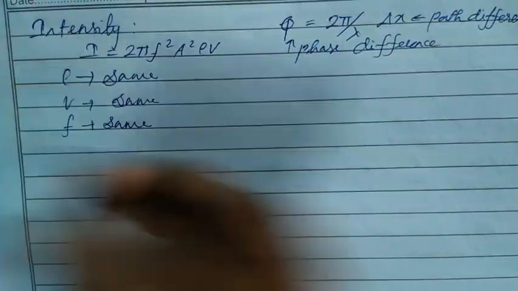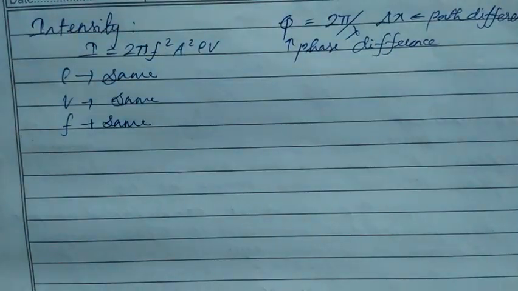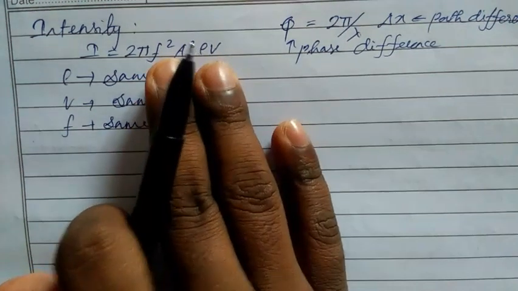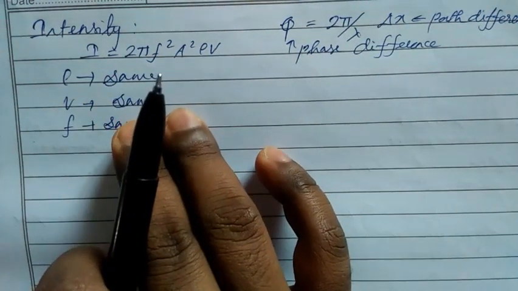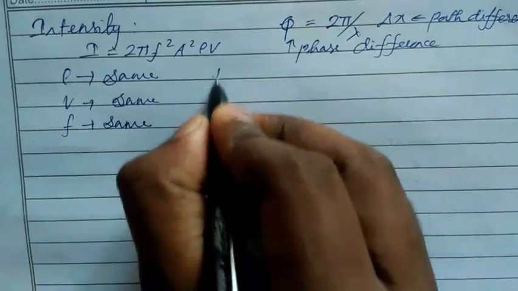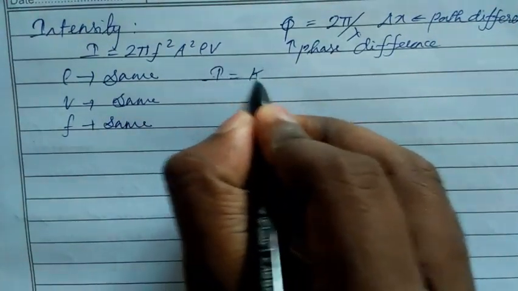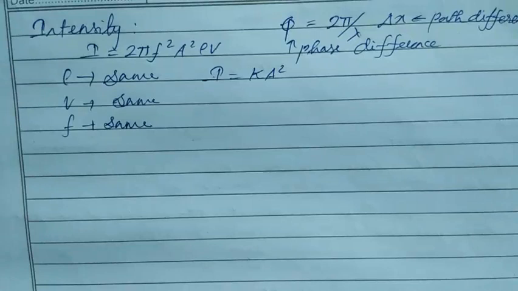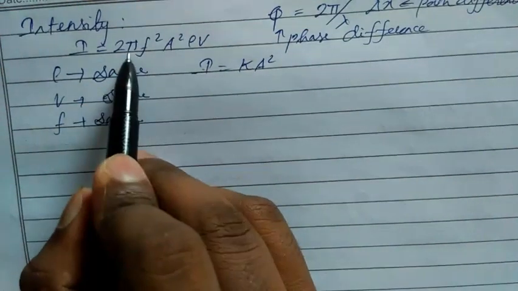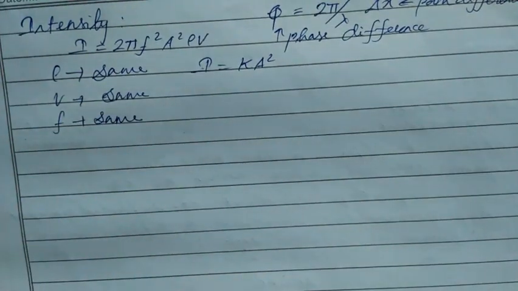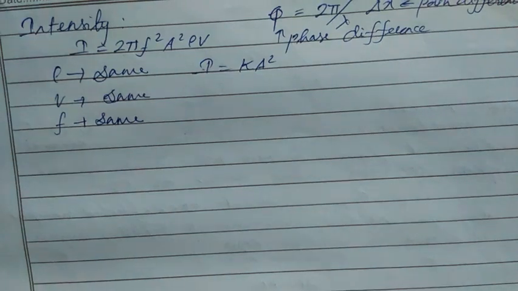Increase the distance, the area will be bigger. So area is the variable and all the rest of the quantities are constant. So we can take I equal to k a square. Here k means all this value, 2 pi f square rho v, taken as the constant k.